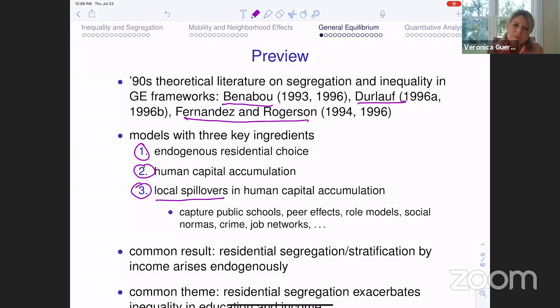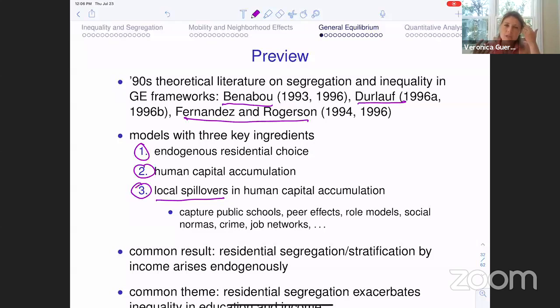And local spillovers, so Chetty and Andrew, for example, in the quasi-experiment paper that I mentioned, don't take a stand on what is a better neighbor and what is a worse neighbor. They just look at which neighborhoods are such that kids who grow up there have a higher income when they grow up. So why is that?